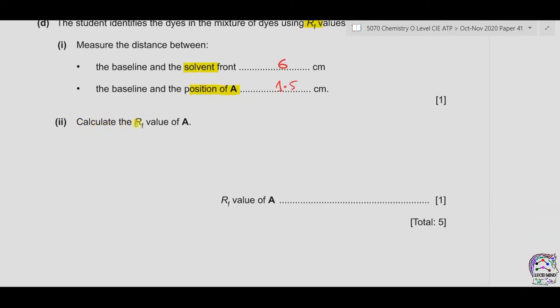Part 2. Calculate the RF value of A. Now the formula for retention factor is the distance traveled by solute, distance traveled by spot A, divided by the distance traveled by solvent, or in other words, the solvent front.